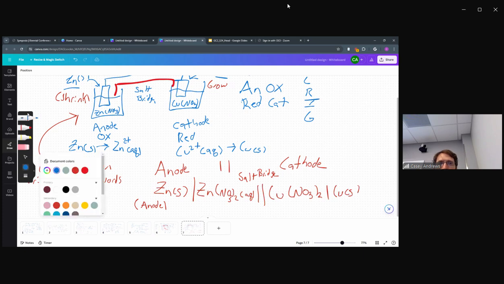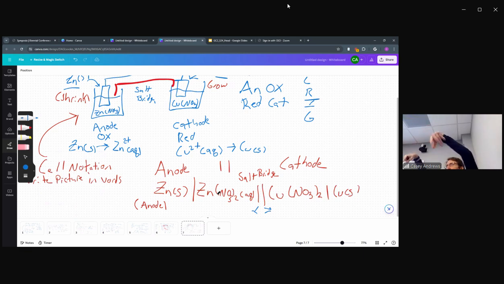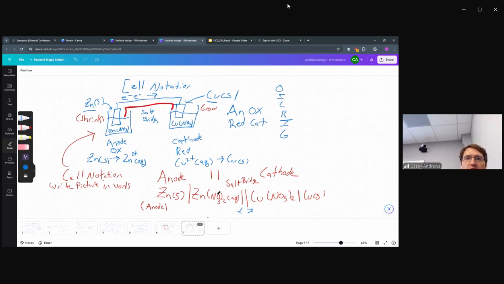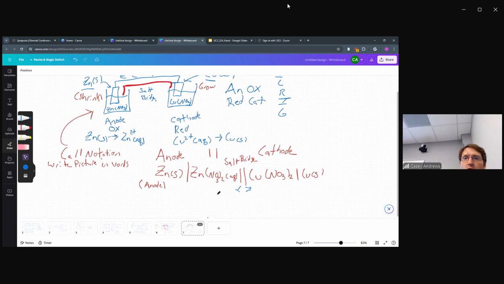And another way to remember where everything goes is the salt bridge: what's next to the salt bridge is what the salt bridge is physically going into. In my picture, my salt bridge is going into the liquids. So in my notation, I have the salt bridge next to my liquids. And then at the end, you have the actual solids.